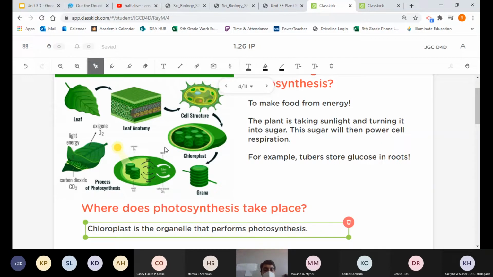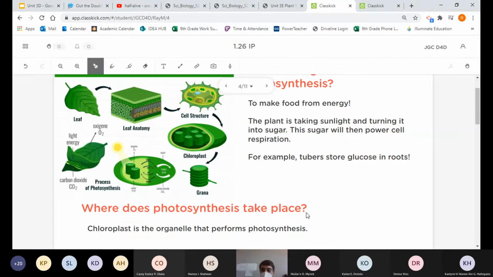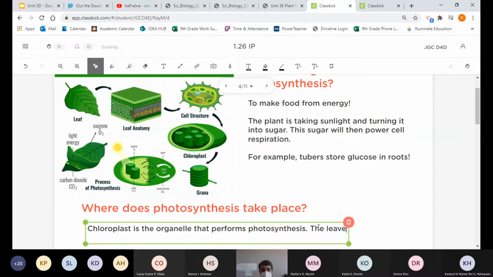Now, where do you think you're going to find the most chloroplasts? Do you think you're going to find a bunch of chloroplasts in the roots? Probably not, right? Oh, thank you, Miguel. Perfect. The leaves, right? The leaves have the most chloroplasts. Ooh, man, I'm bad at spelling, you guys.